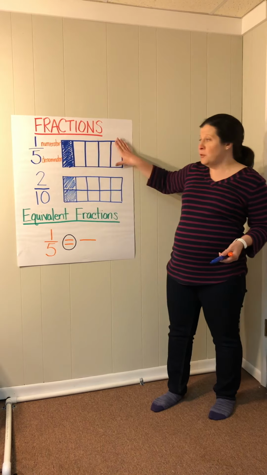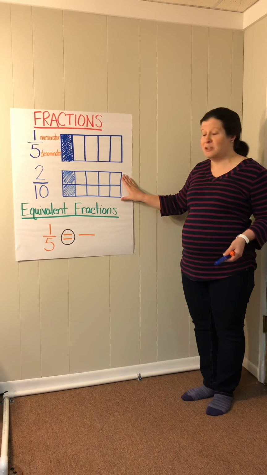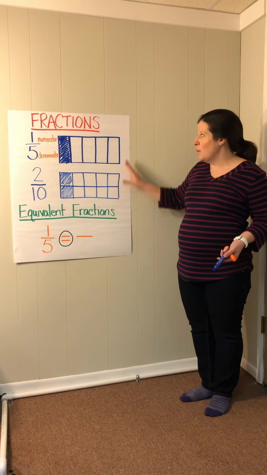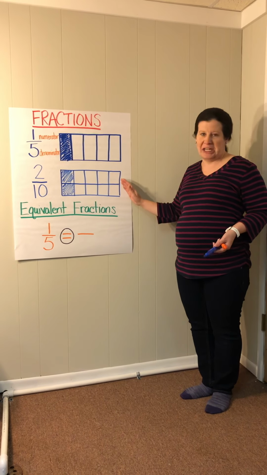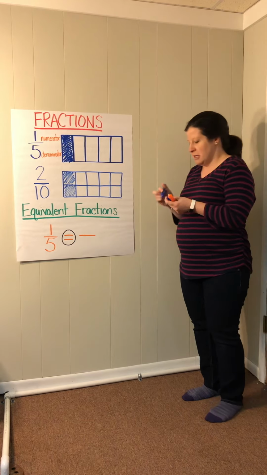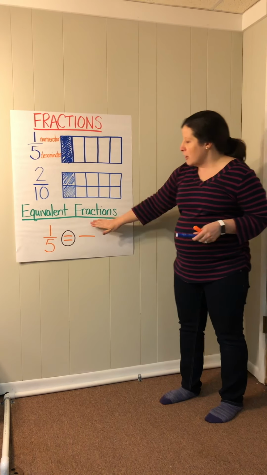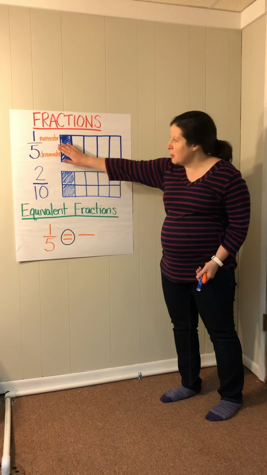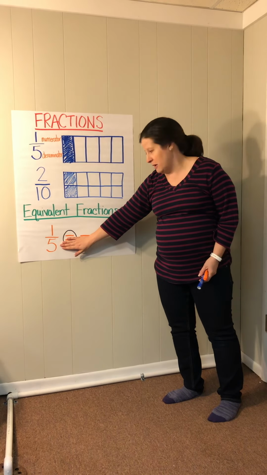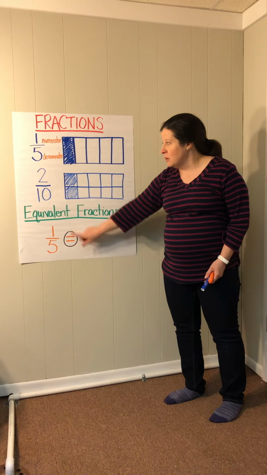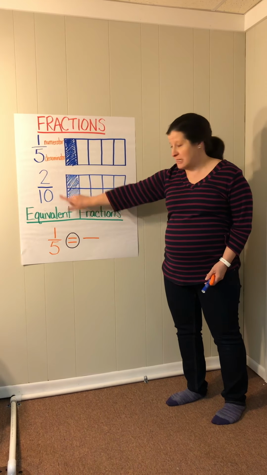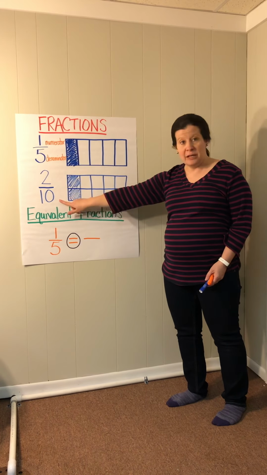So we've seen 1/5 and we've seen 2/10, and we know that that really is the same amount. The same amount is shaded in on both of those. So let's look down here at our equivalent fractions. I already have 1/5 written here, and we're going to write what 1/5 is equal to. What fraction did we find that 1/5 is equal to?